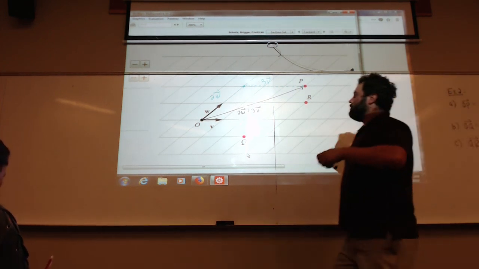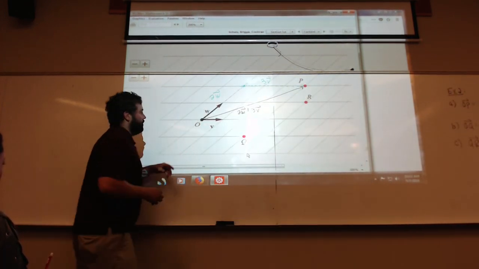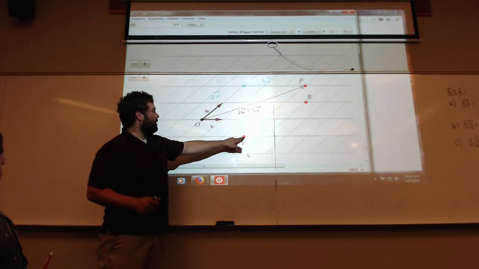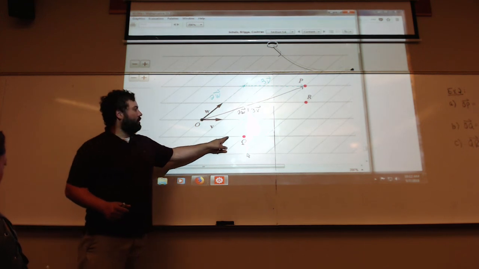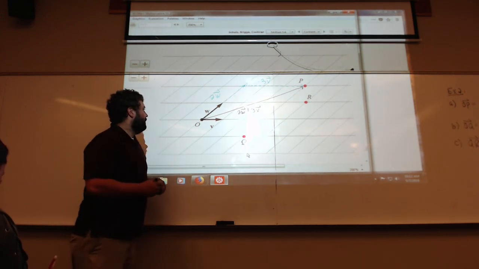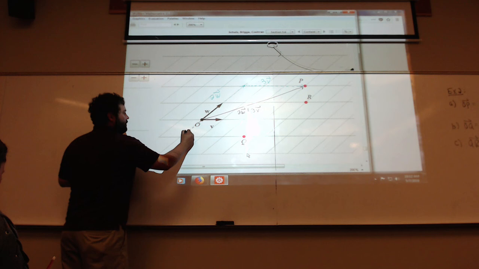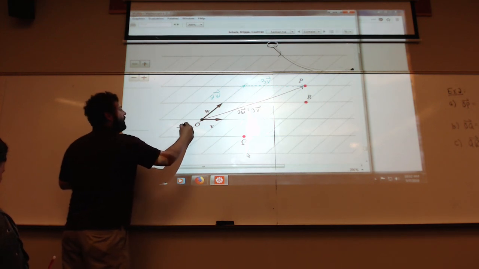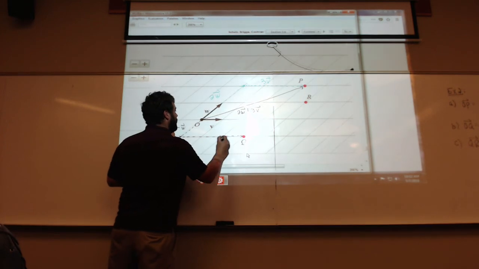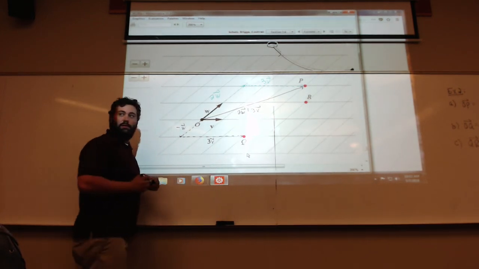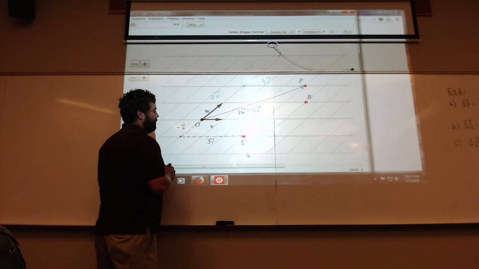So the origin to P is 2W plus 3V. What about OQ? I want to get from the origin to the point Q. Well, I've got to go this direction 1 unit and then 3 units to the right. 3V plus negative W. So this is the minus W. And then you said you've got to go this direction as well. You said that's 3V. Can't you just do 3V minus W?